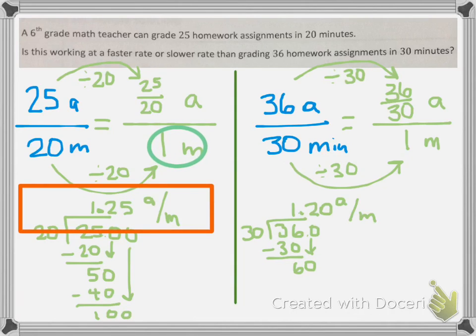Those are right here. 1 minute compared to 1 minute. And as soon as I do that, then I can compare the number of assignments done in the same amount of time, and we can find out which one's faster. So again, we're using rates. One more time, the number part is the unit rate, and the unit part is the rate unit. Okay, and we've talked about that a few times.